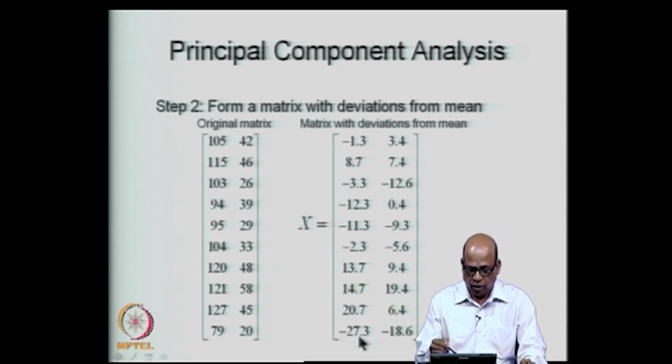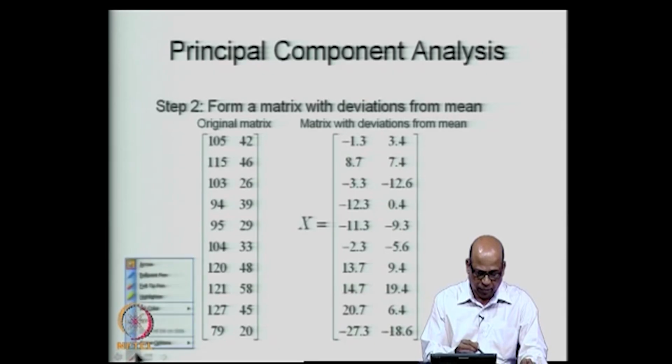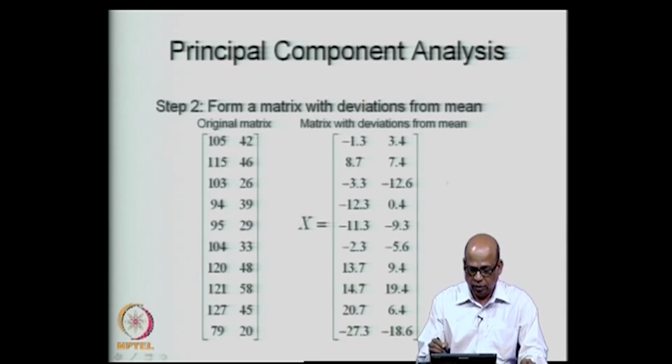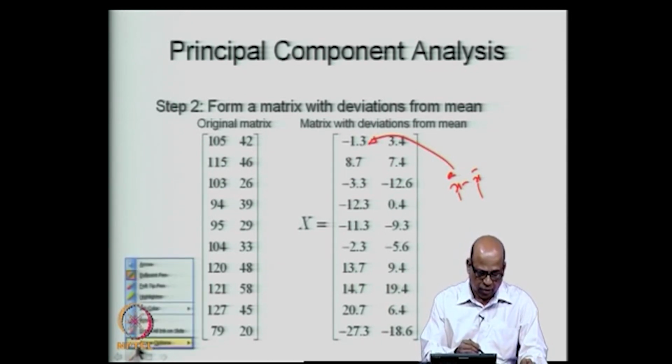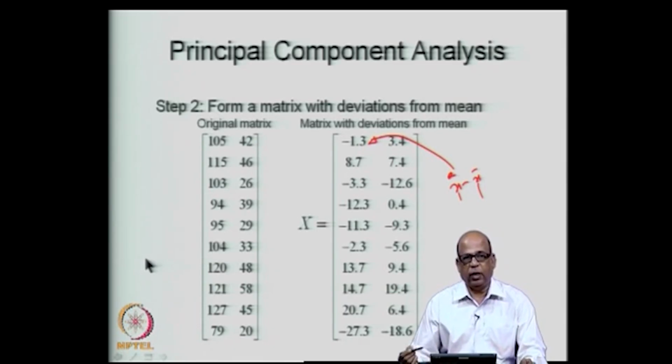So, this is how I form the matrix X. X is simply X minus X bar, where X is the original data and X bar is the mean, both for rainfall as well as runoff, and that is how you obtain your values.